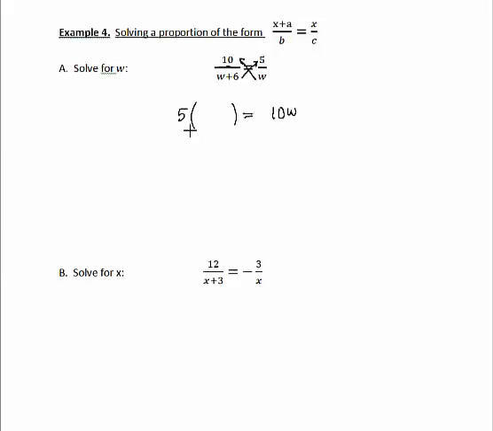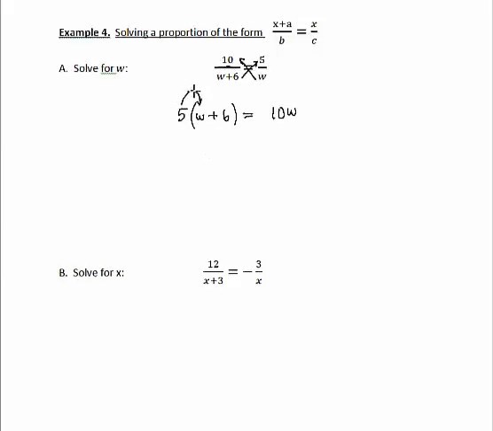We have 5, and then we have the expression w plus 6, and that must be placed inside parentheses. And so here we have our new form of the same equation, except with no fractions.